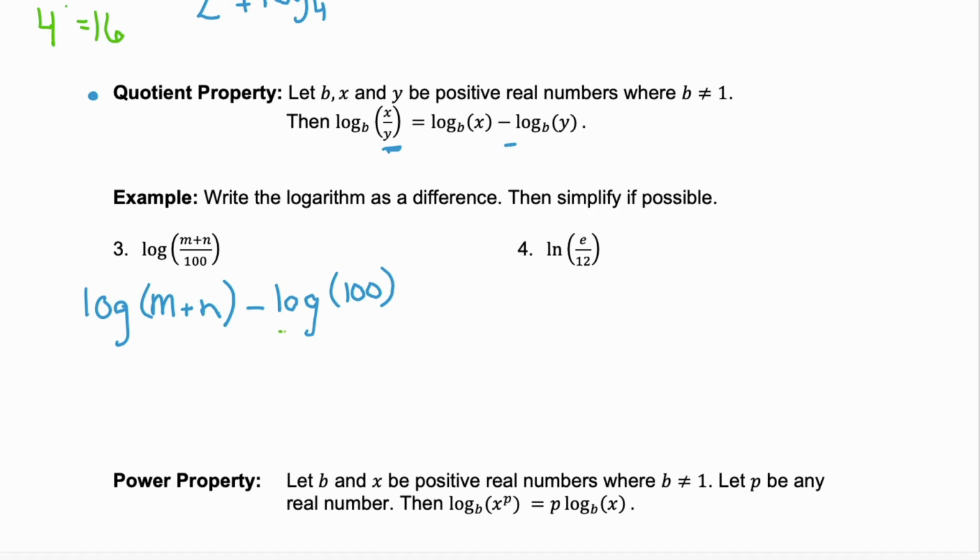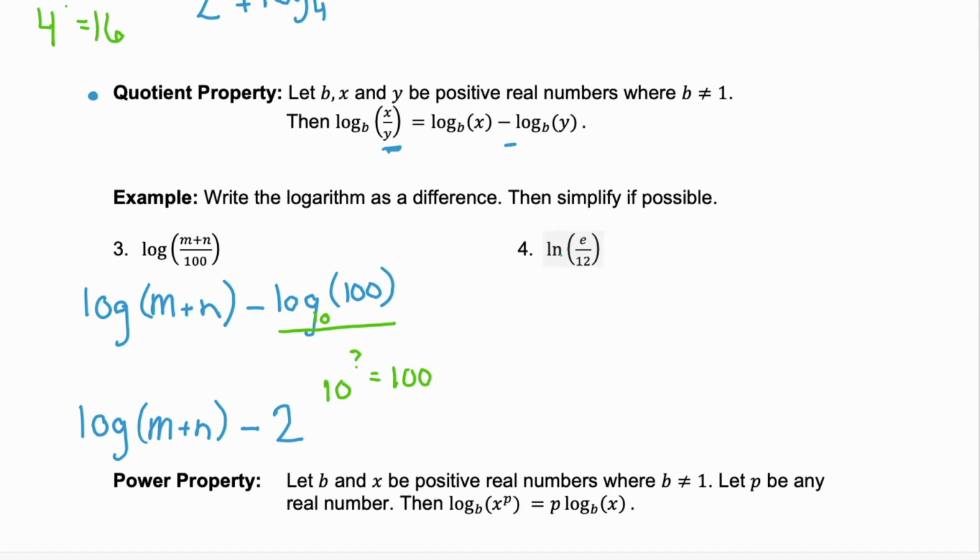But if you look at this last log, log of 100, remember, when we don't have a base, it's an implied base of 10. We can simplify this because this is saying 10 to what power equals 100. Well, the power you raise 10 to in order to get 100 is 2. So this simplifies to log of m plus n minus 2.